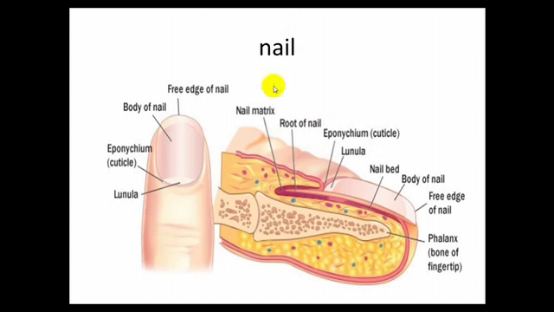So this is the nail matrix, at this part from the root of the nail. And the stratum corneum of the proximal nail fold forms a structure called the eponychium.